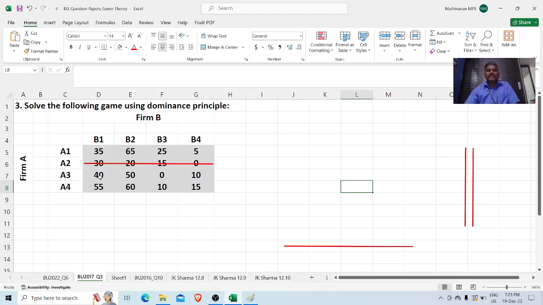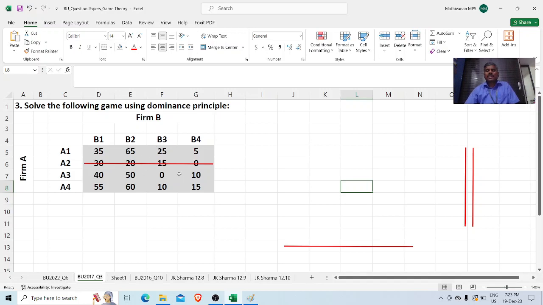So which is better? Strategy A3 is better. We will compare A1 and A3 when firm B uses the second strategy. The gain from A1 is 65 points and from A3 is 50 points. So here A1 gives more gain than A3.